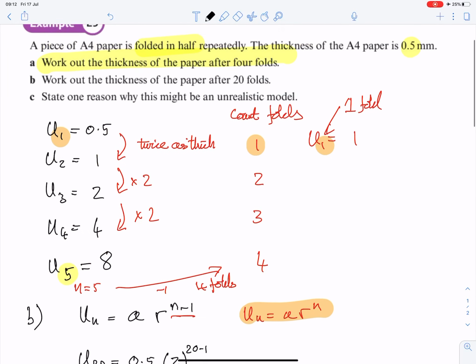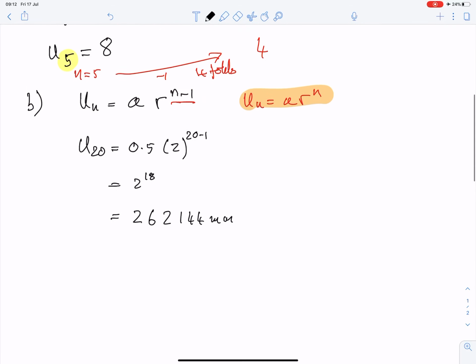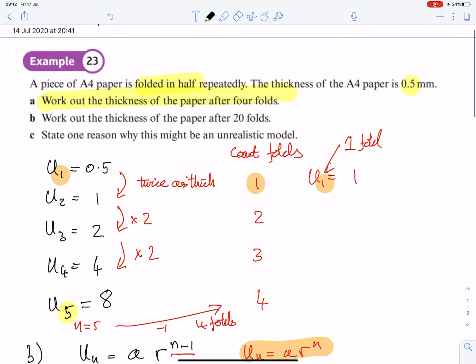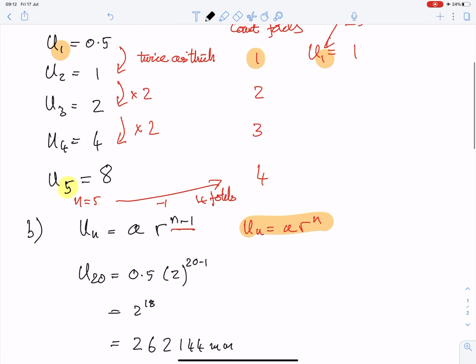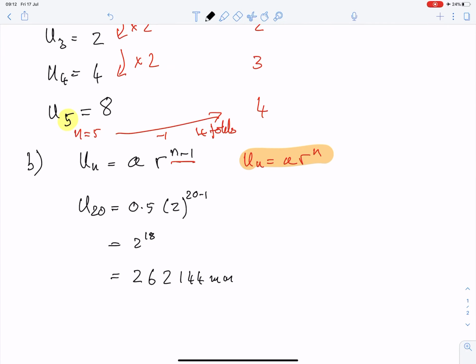Now, what does it say? Work out the thickness of the paper after 20 folds. Hang on, 20 folds. That means to have done 20 folds, I've made the mistake.